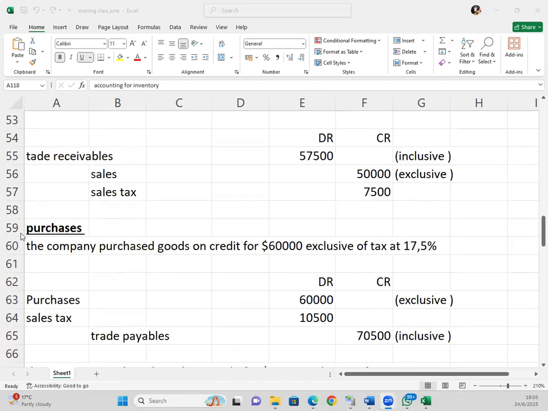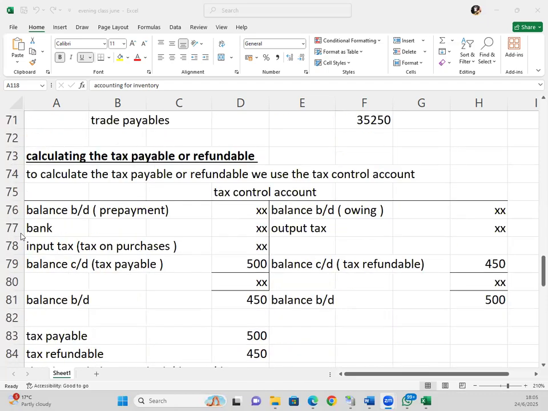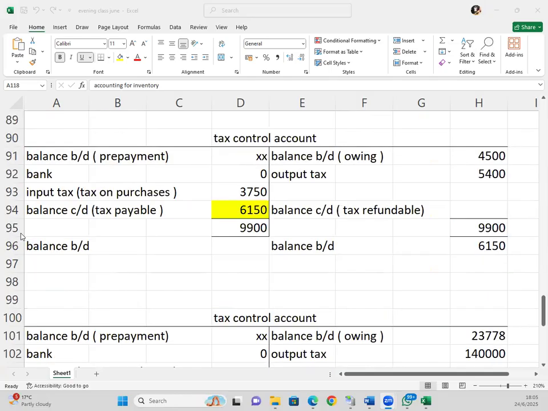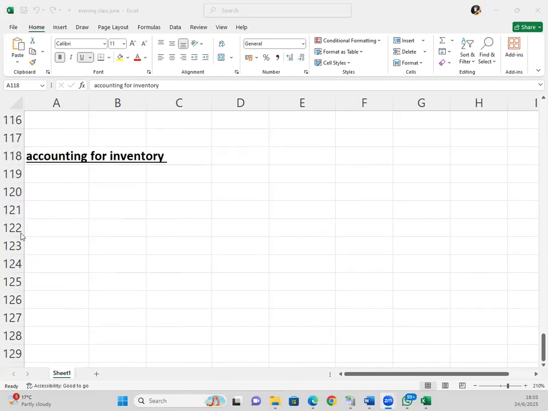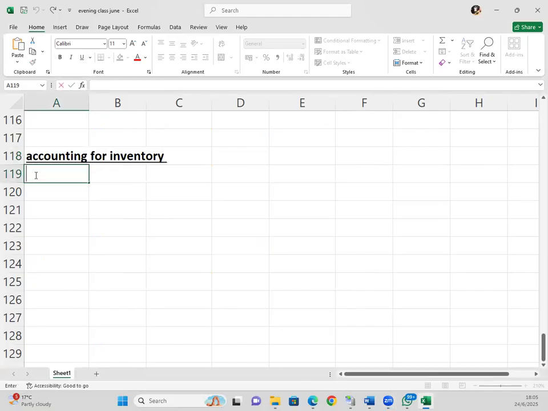In today's session, we are now moving to inventory, that is IAS 2. So let's get started. Today we want to look at how we record inventory. Inventory is recorded in accordance with IAS 2, International Accounting Standards 2.